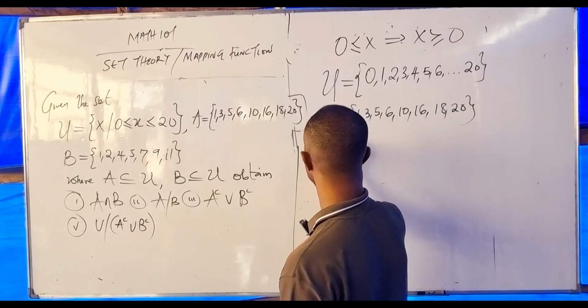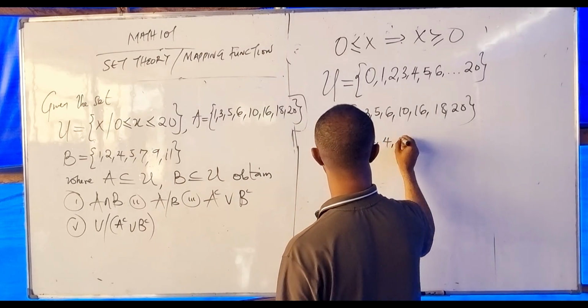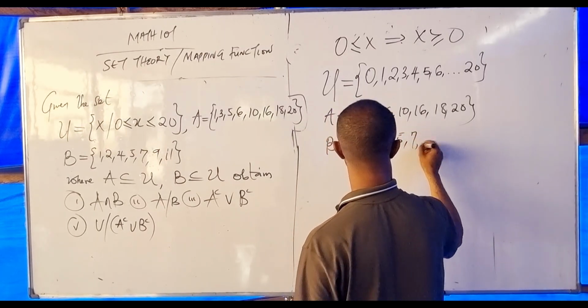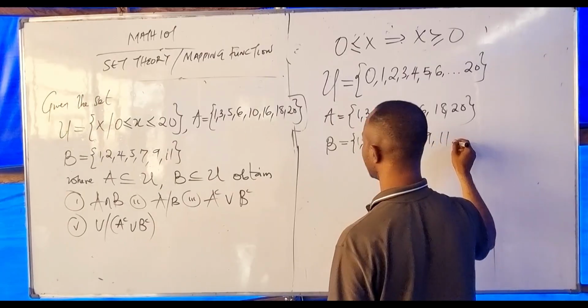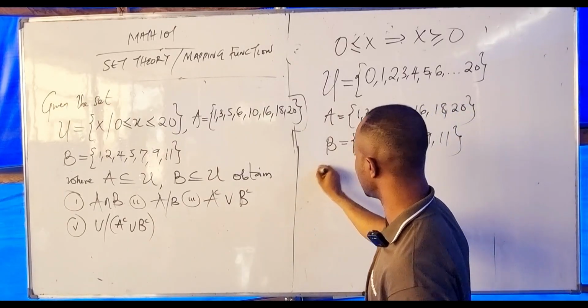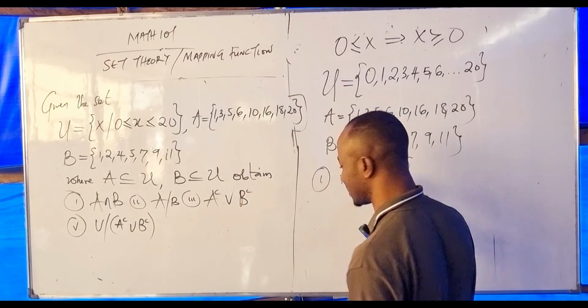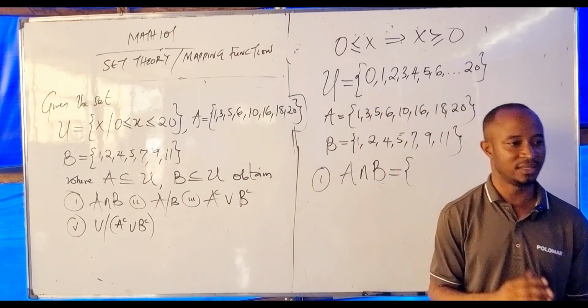What about B? B is 1, 2, 4, 5, 7, 9, 11. The first question says A intersection B. By now we all know what intersection is, meaning between A and B, what is common?